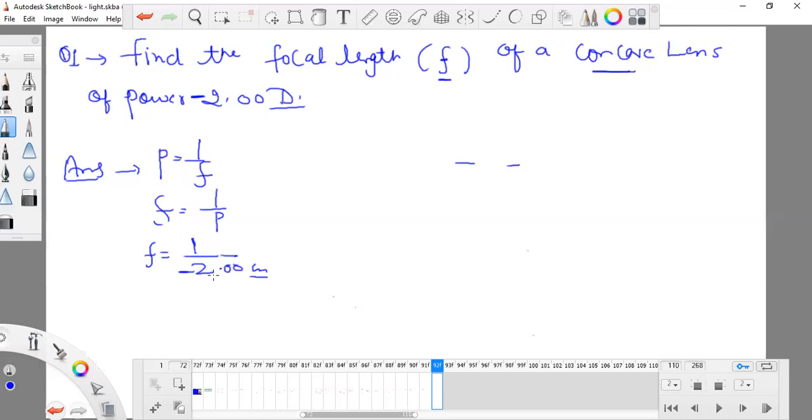Okay, now I have to find out the focal length. Can you answer me this? Can you answer me this? 1 upon minus 2. Okay, I'm just giving you 1 minute. Please calculate this.